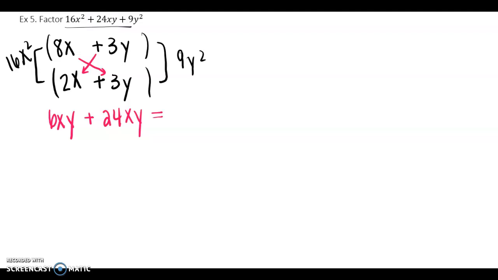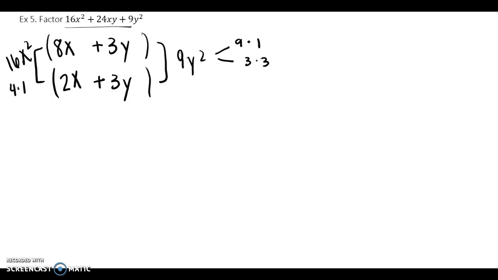So we're going to go ahead and delete this. And in this case, because there are two numbers that multiply out to 9, it's going to be 9 and 1, 3 and 3, and then there are 4 and 1 and 16 and 1, 8 and 2, and 4 and 4.